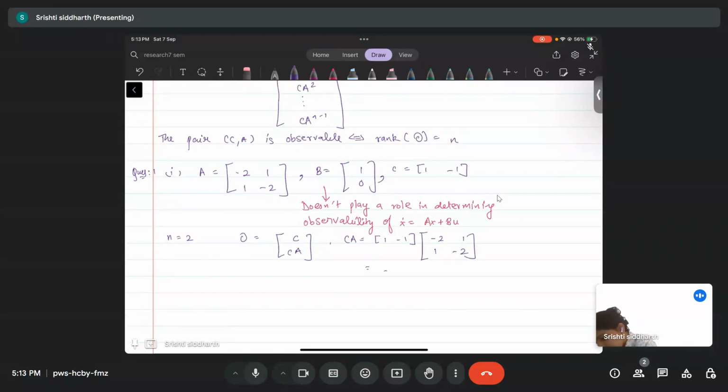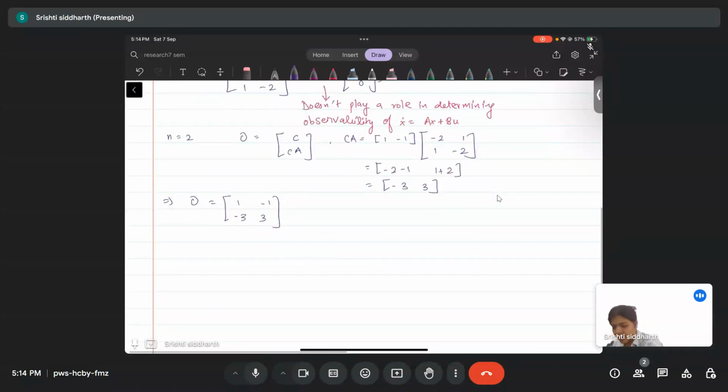This is given by minus 2 minus 1, 1 plus 2, so we have minus 3, 3. This implies that the observability matrix is 1, minus 1, minus 3, 3. To check the rank, since this is a square matrix, we can simply calculate the determinant, and this is 3 minus 3.